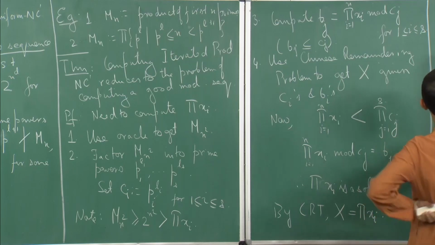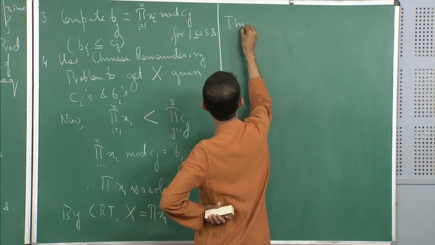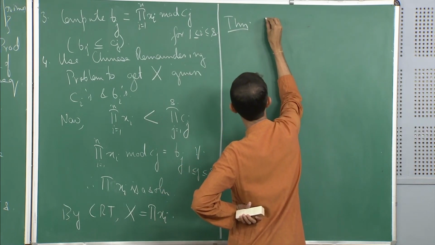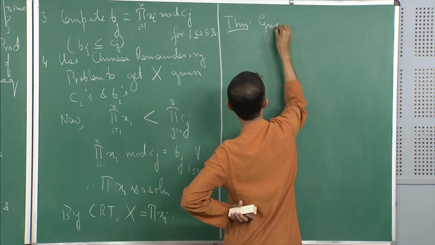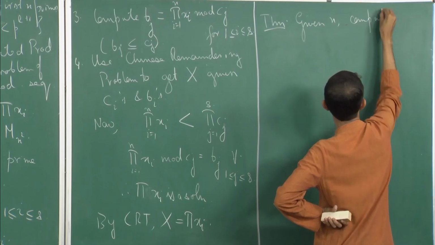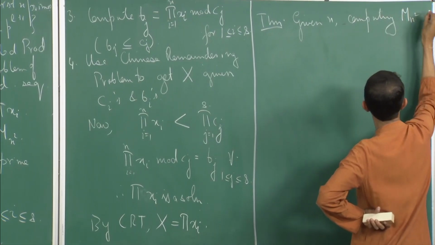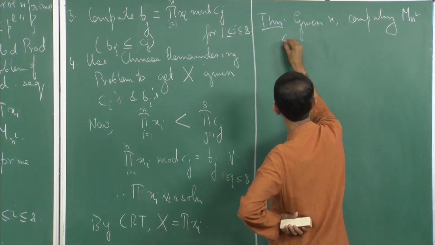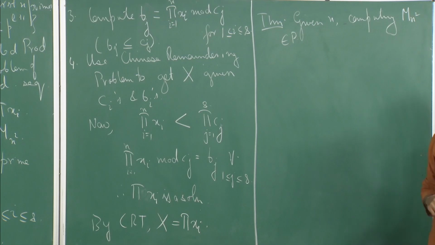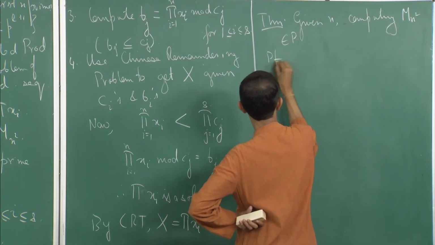The last part is actually easy. Given n, computing mn square is actually in P. So we will use a polynomial time algorithm over here.